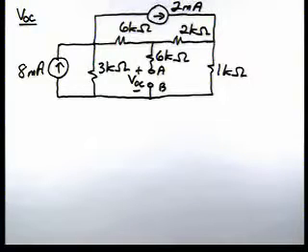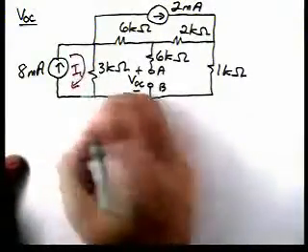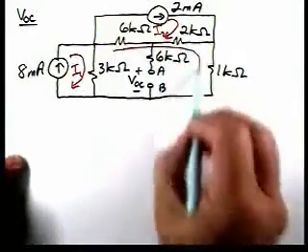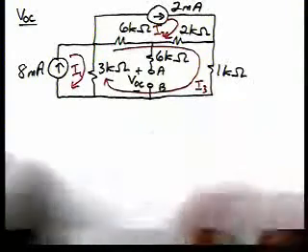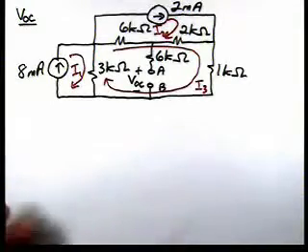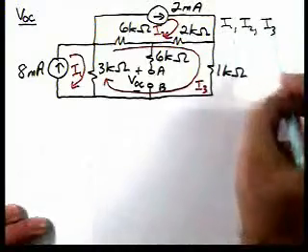In this problem, let's use mesh analysis, and I'm going to define mesh currents I1, I2. Now, since this is an open here, I'm going to define this as one mesh and have it be I3. So we have three mesh currents, I1, I2, and I3.